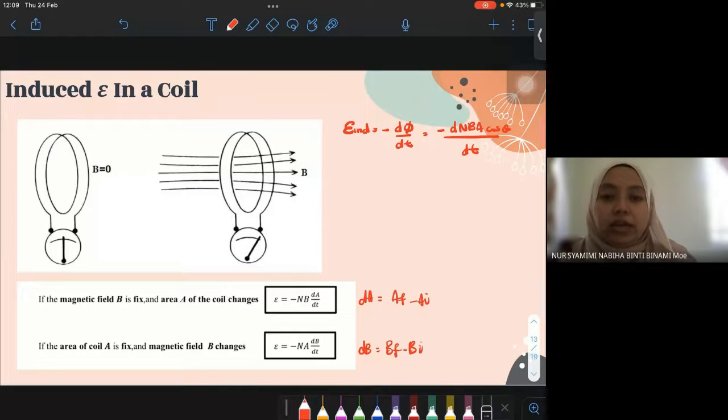So dia ialah in a coil. So coil, dua benda yang boleh berubah. The first one ialah either area yang berubah, area of the coil membesar ataupun mengecil.